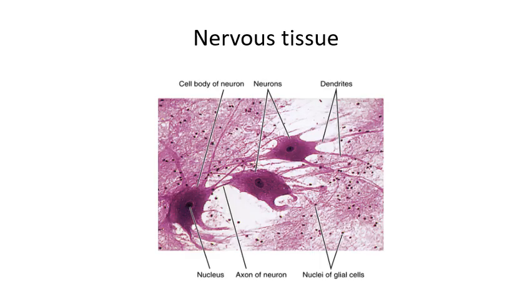So here is the picture of some nerve cells, neurons, from your textbook, page 40, showing you the cell body of a neuron and its extensions.